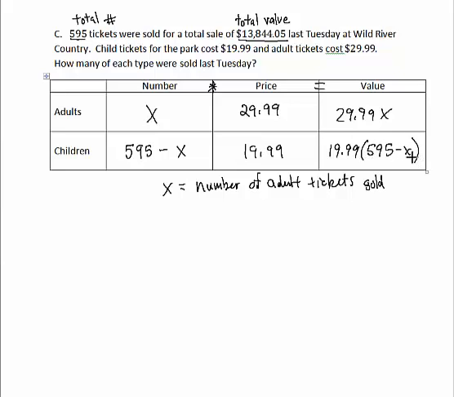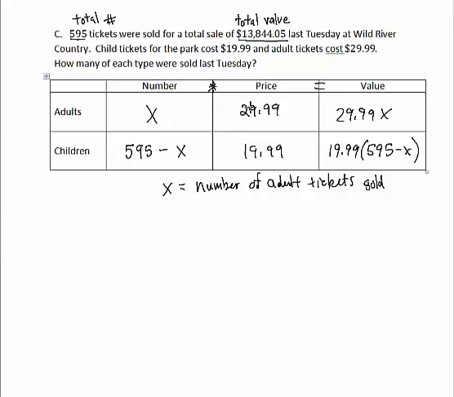Parentheses around the 595 minus x, very important, because we would want to multiply 19.99 times both the minus x and the 595. So at this point we look back to our problem and we recognize that the total value of all tickets is $13,844.05.